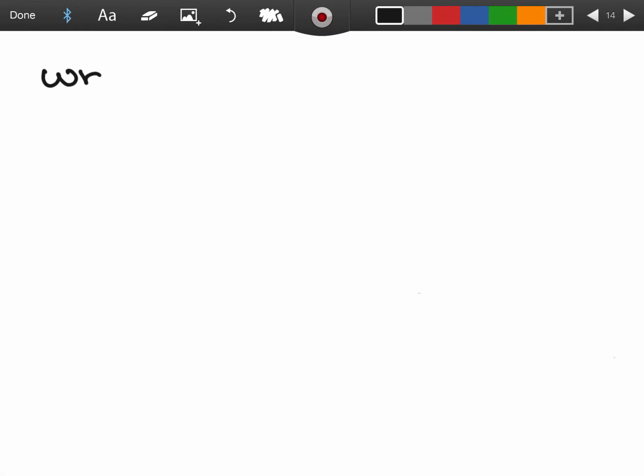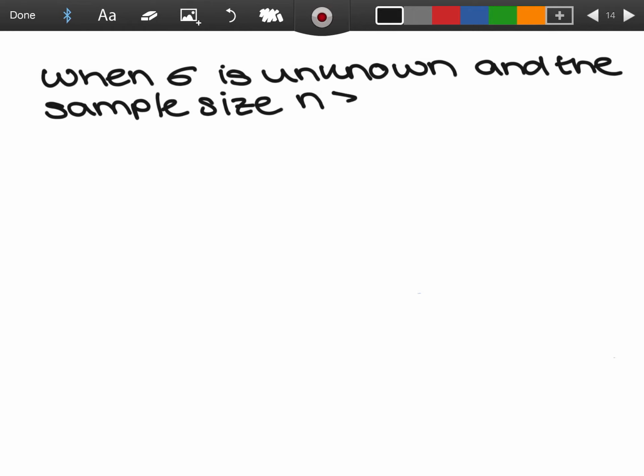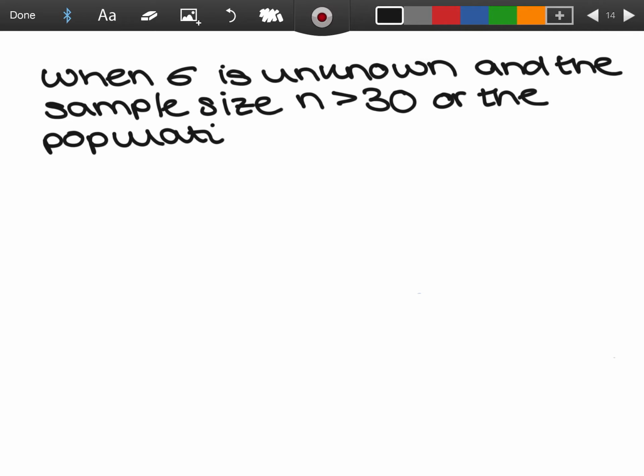So when the population standard deviation sigma is unknown, and the sample size n is greater than 30, or the population is normally distributed. You can have either one. Either one of these will make those sample means normally distributed.